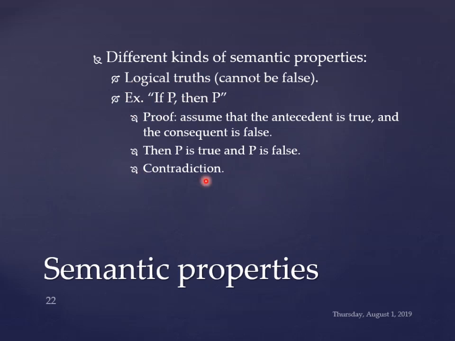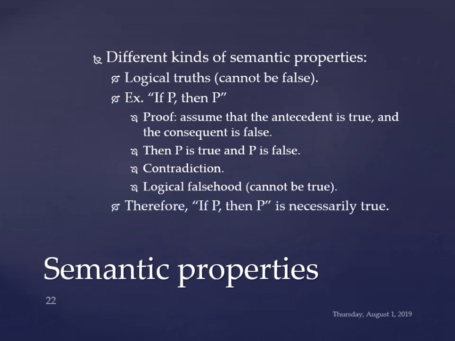Let's think a little more about contradictions. Suppose I say that P is true and P is false. There is no way that what I say there can be true, which is kind of funny. Logical falsehoods are those things that cannot be true. Hopefully that's clear. Sometimes you'll hear it said that if P, then P is a necessary truth, or is necessarily true.